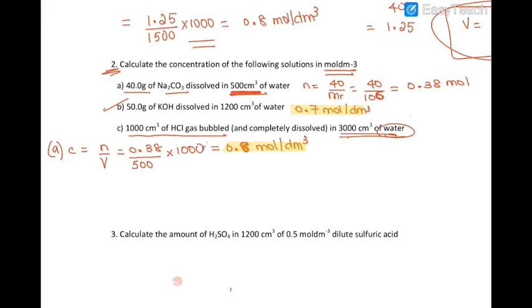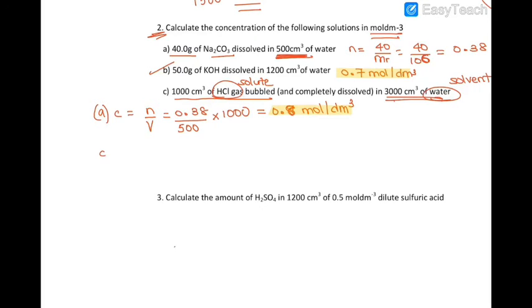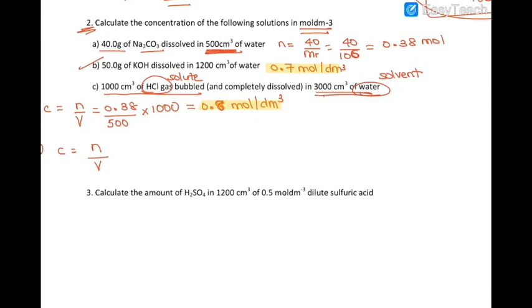So water is the solvent and HCl is the solute. To find concentration, you need the number of moles of solute divided by the volume of solvent. But you are given the volume of the solute. How can you get number of moles from volume?